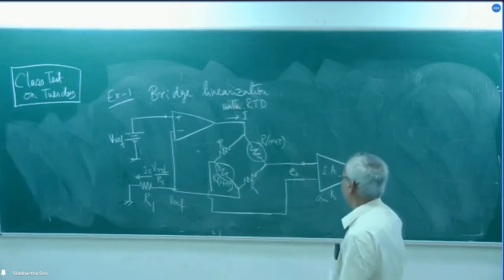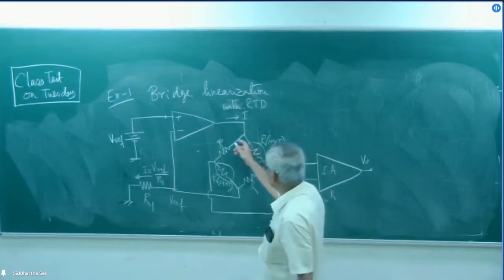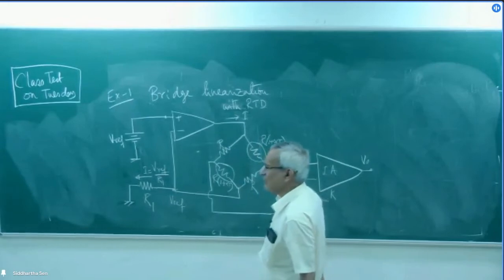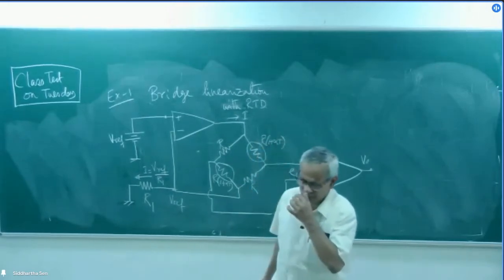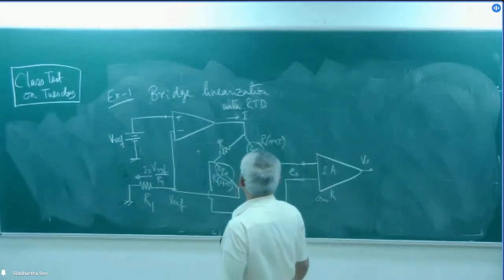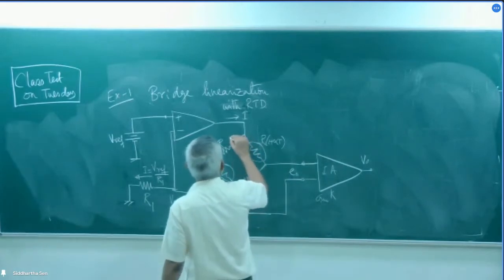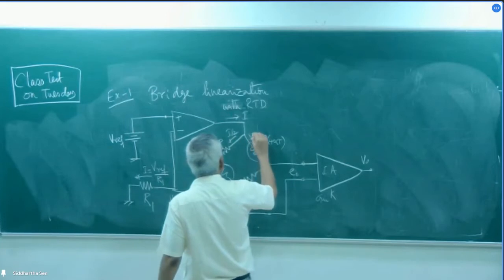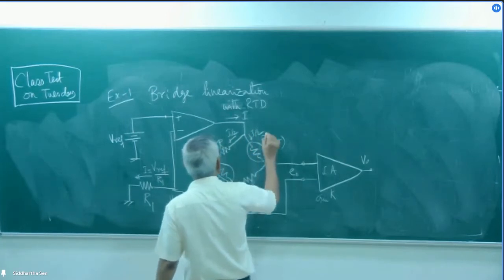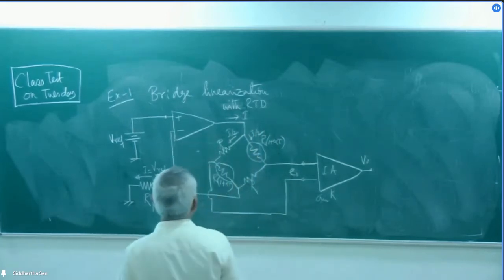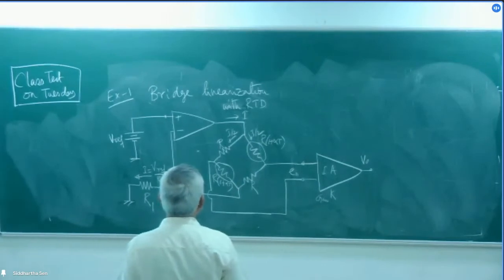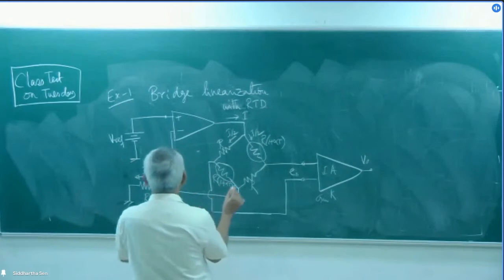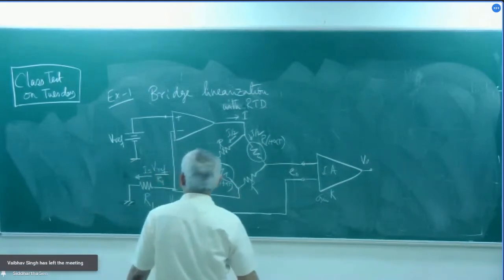And interestingly, both the paths have identical resistance, whatever be the temperature. So naturally the current will be divided into two identical halves, I by 2 and I by 2.